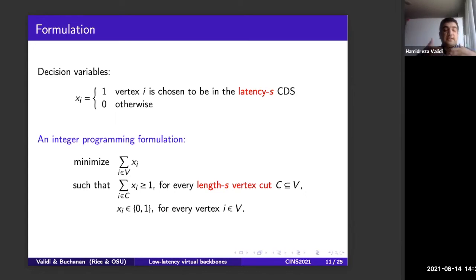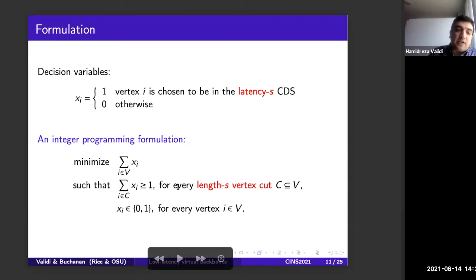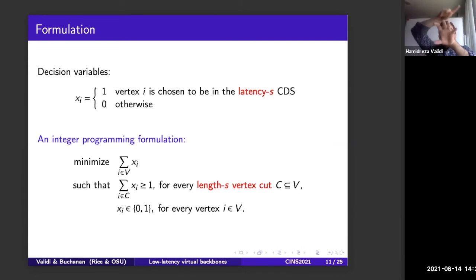Now we should think about how we can add these constraints, because if you introduce them upfront, then maybe you run out of memory and cannot run your model on the solver. So what we do is start with some initial cuts. You can think about every vertex and look at the neighbors around it. If you remove the neighbors of that vertex, those neighbors form a vertex cut, and each such vertex cut is a length S vertex cut.